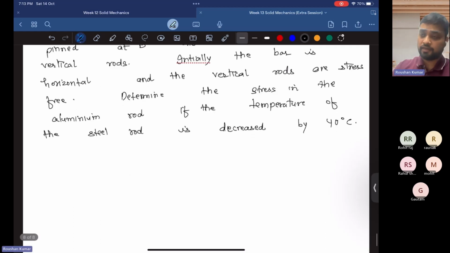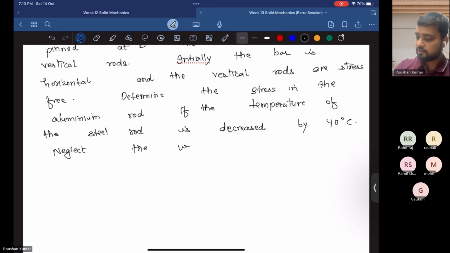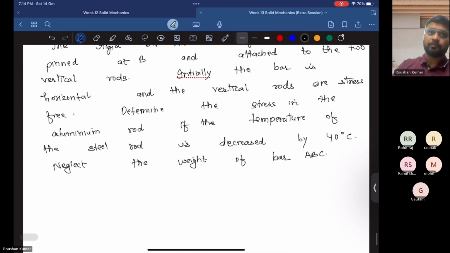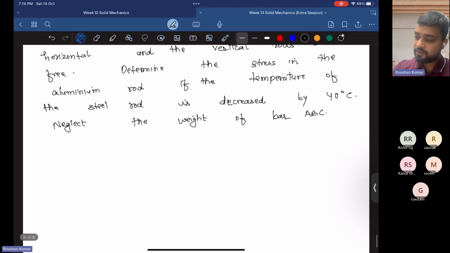Neglect the weight of the bar ABC. Okay, so I'm drawing the figure first, then I will explain the question.